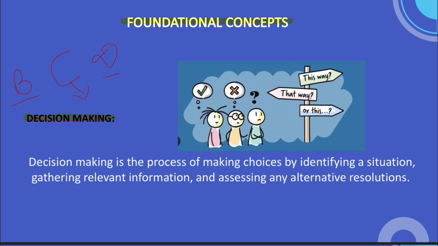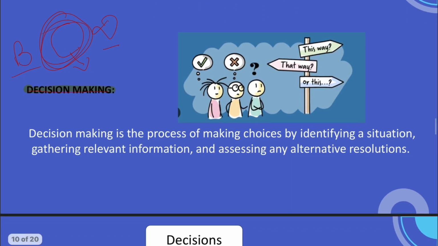It's the choices that we make throughout life. So decision making is the process of making choices. Sometimes we make a great choice, sometimes not so great.